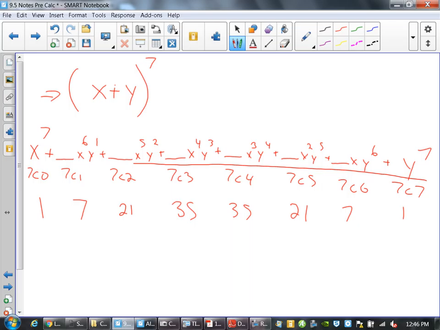These values here are always going to be that multiplier that goes in front of the coefficients.